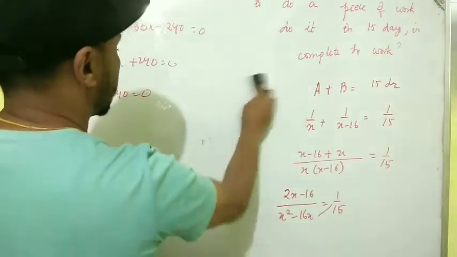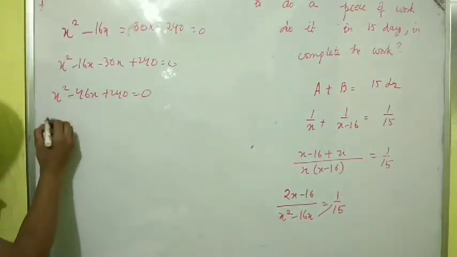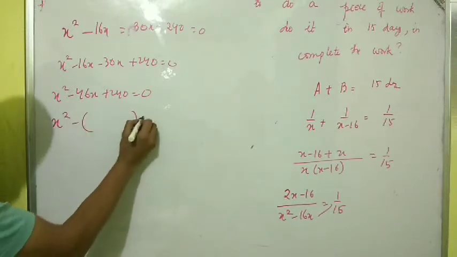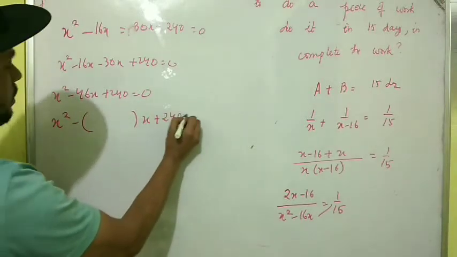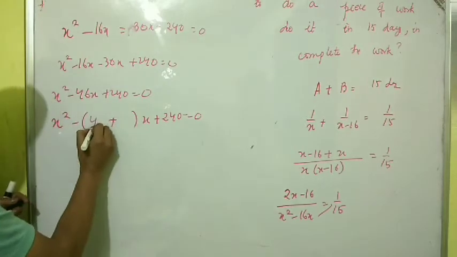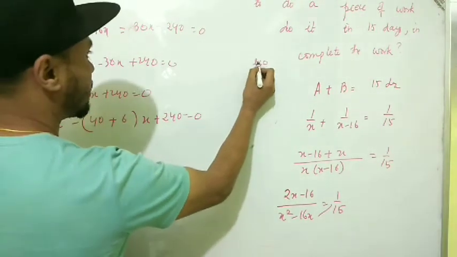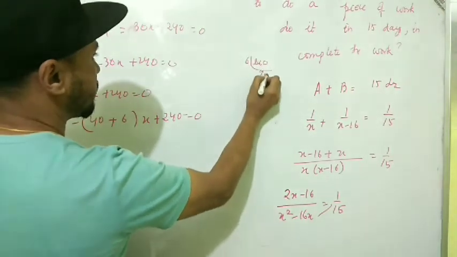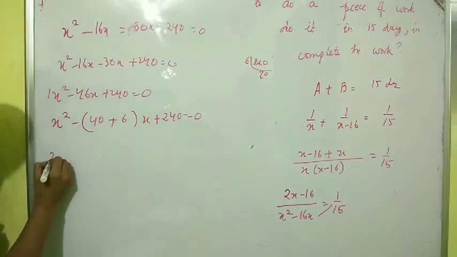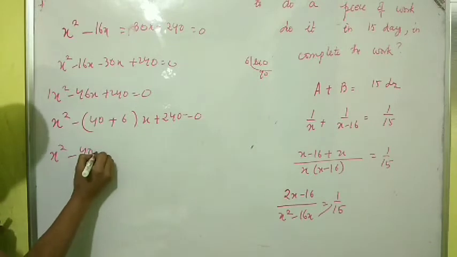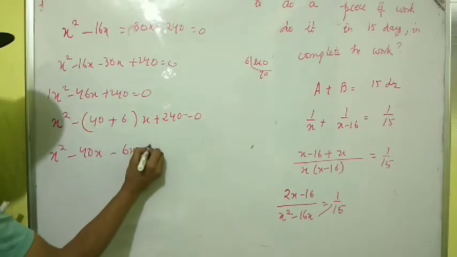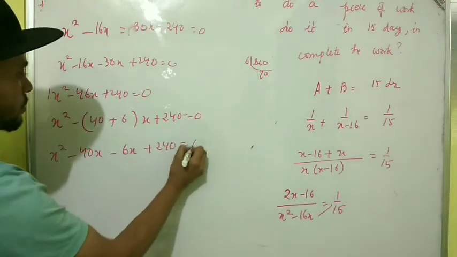Now let's break the middle term. The product is 240 and the sum is 46, so the numbers are 40 and 6. So x square minus 40x minus 6x plus 240 is equal to 0.